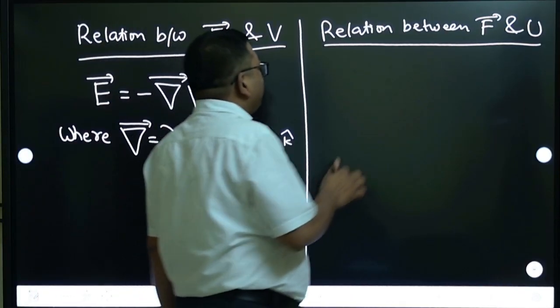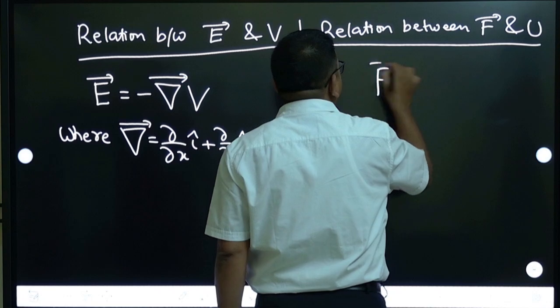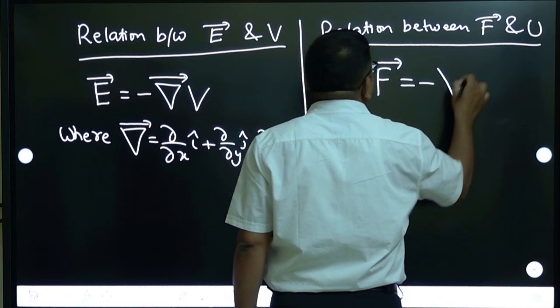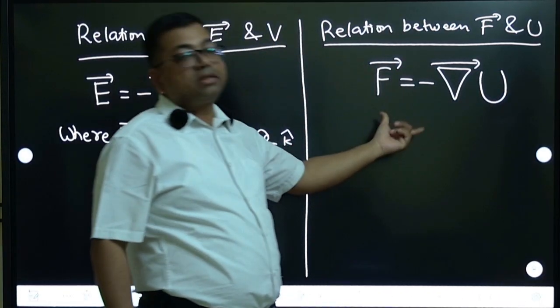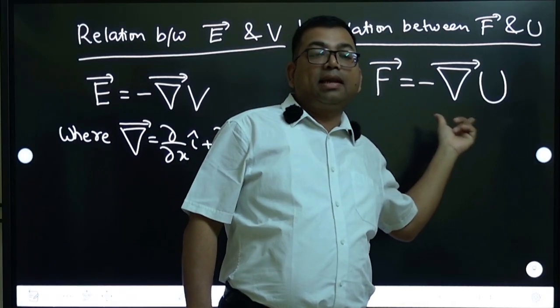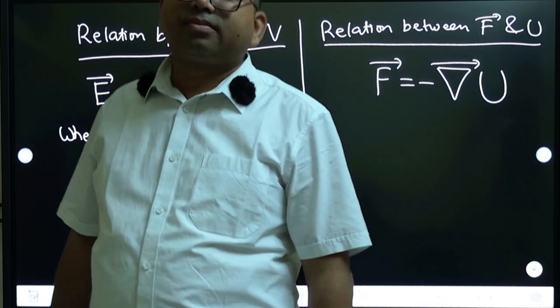Similarly, in exactly the same manner, the force vector will be minus del vector of potential energy. Where have you studied this? Can you tell me, in grade 11, where have you studied this?